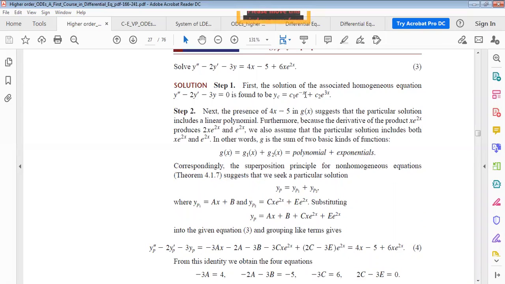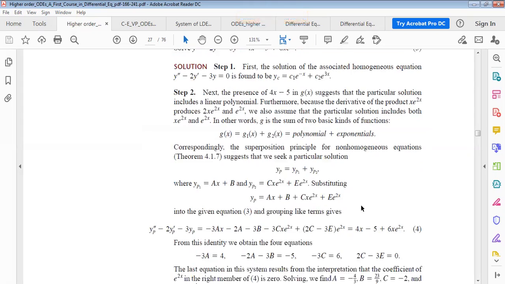So the first one is a linear function ax + b, and the other is of exponential form, c x e^(2x) and e^(2x) term. So yp will be the sum of these two particular solutions.